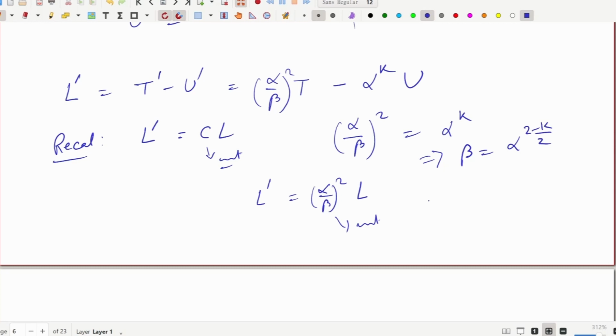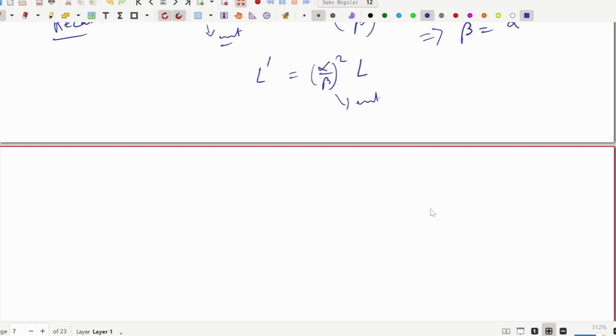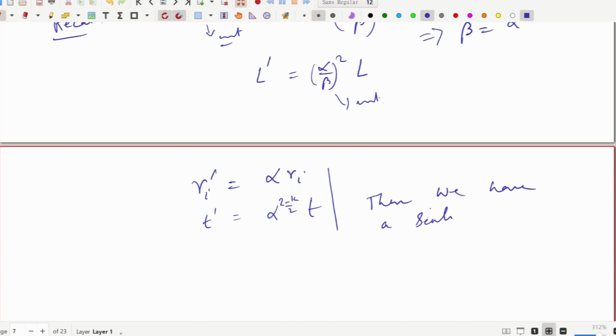So, if I have a scaling where r prime is alpha times r and t prime is beta t, with beta replaced by alpha to the power (2 minus k) by 2, then we have a scaling symmetry in the theory.